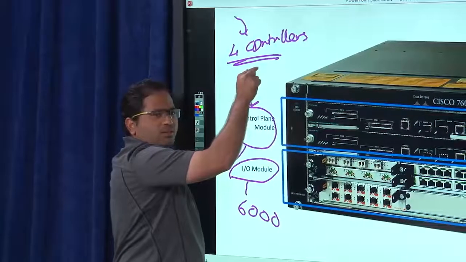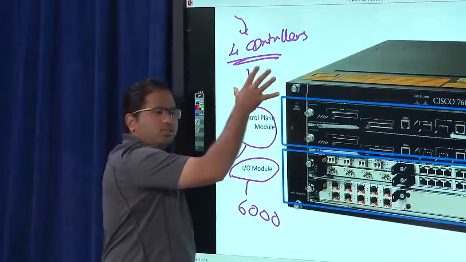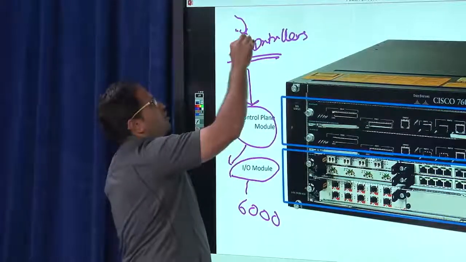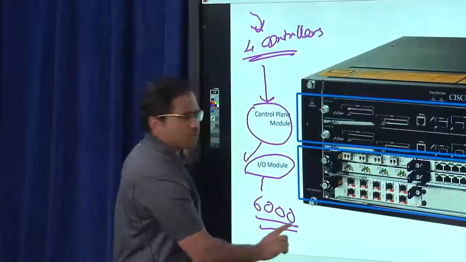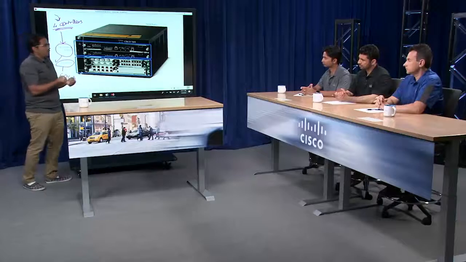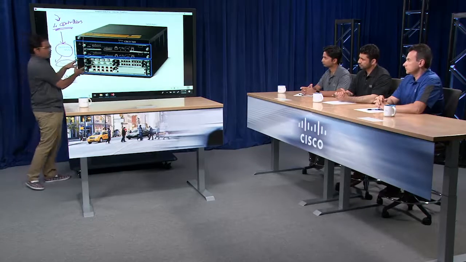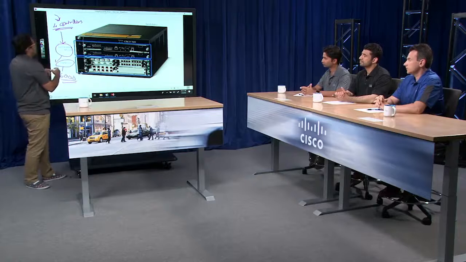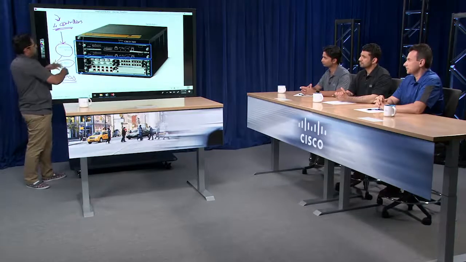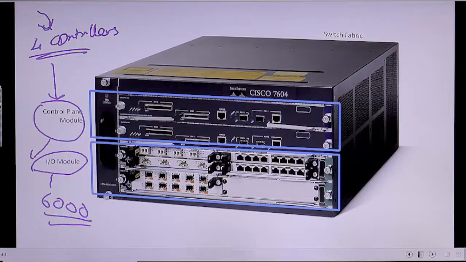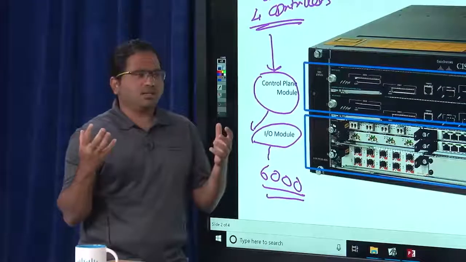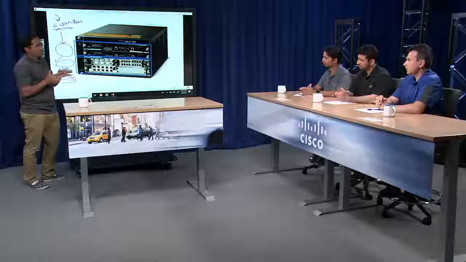All I have to do is manage this routing table, make updates to this, apply policies, point my intent towards these 4 to have an effect on 6,000. That's one of the primary advantages that SD-WAN is going to bring to us when it comes to scale. There are more advantages. We can go over these, I think, in the next slide as well. But this is one of the big ticket items that SD-WAN solved for most of the large-scale networks that are present today.